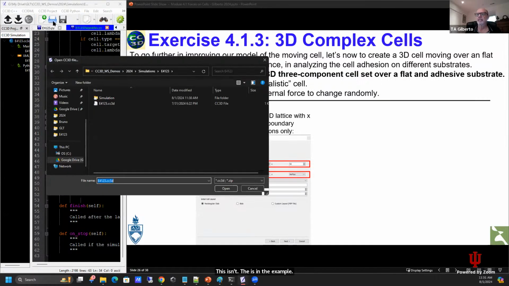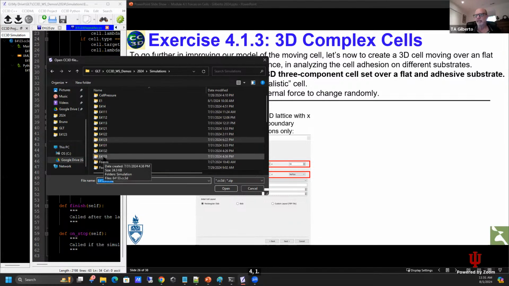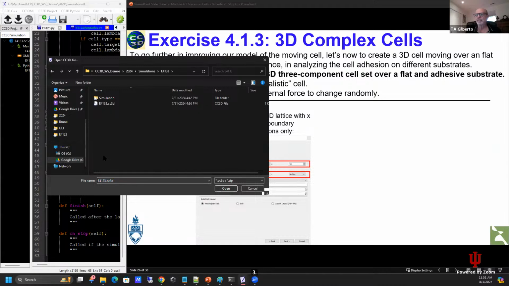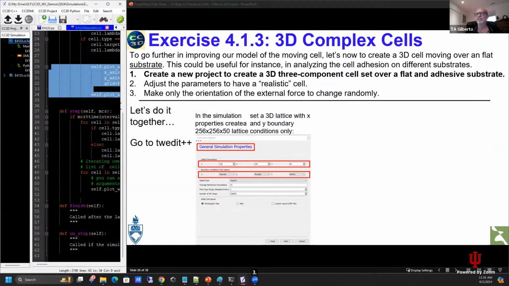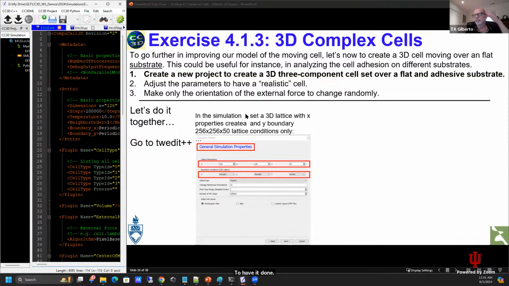Projects open 4133. I will get the last one to have it done. So in this example, you can follow in the exercise zip files.